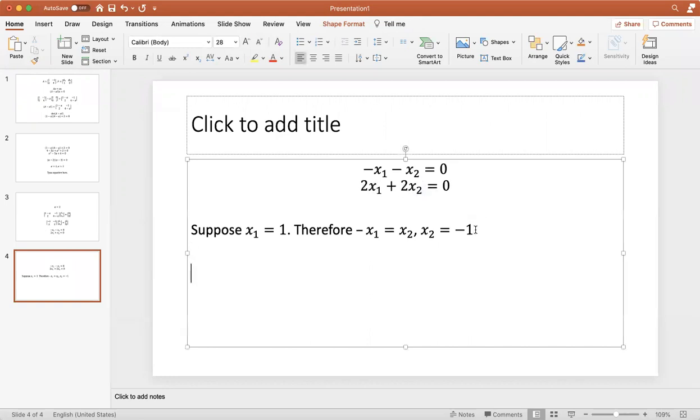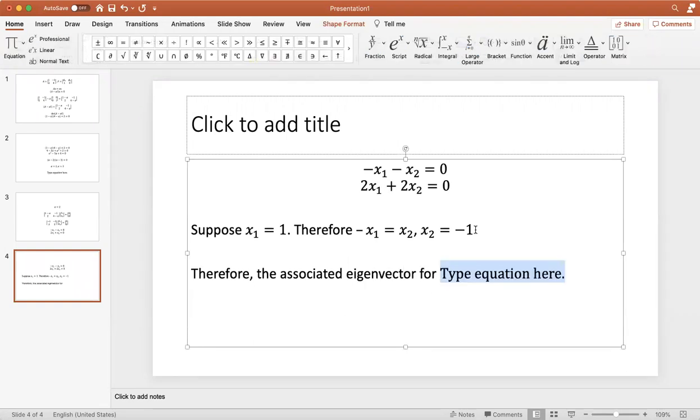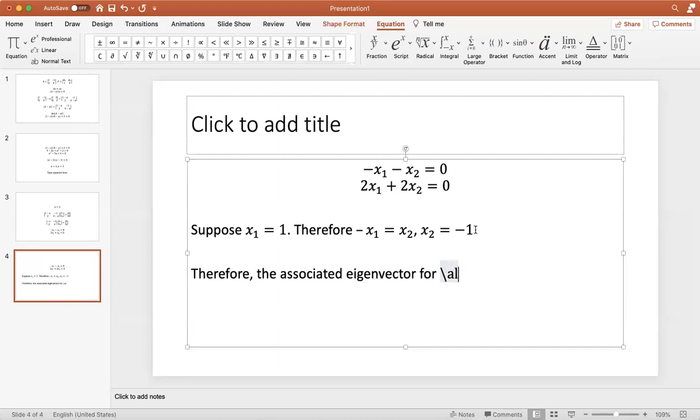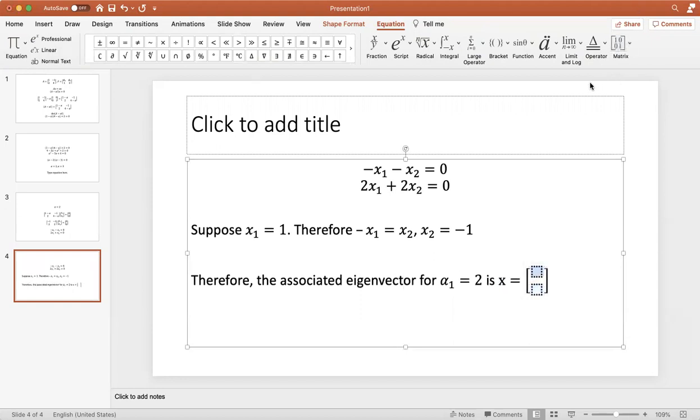And therefore, the associated eigenvector for the eigenvalue alpha, let's denote that as alpha 1 equals 2, is x equals 1 and negative 1.